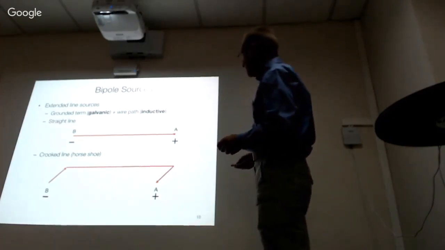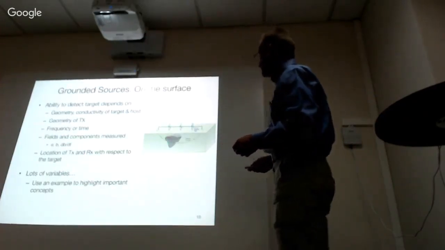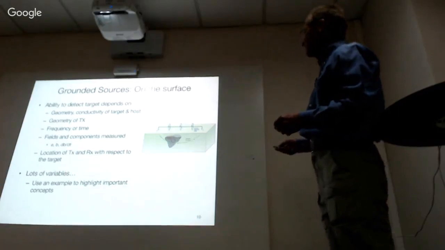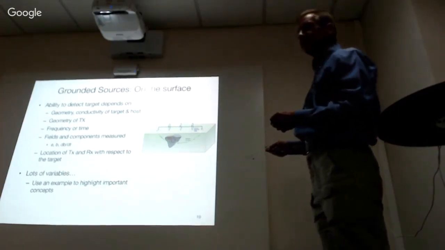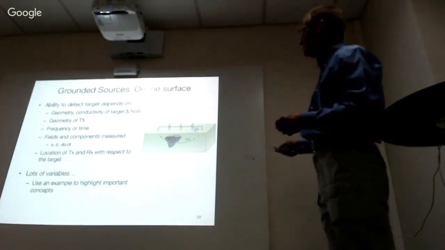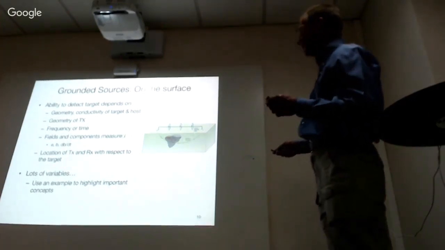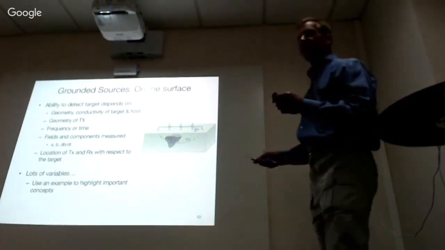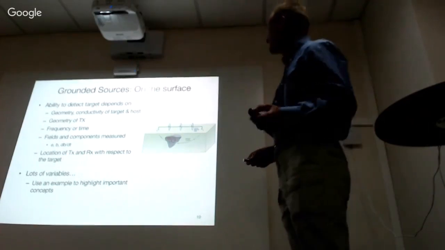The wire could be straight or it could be made out in a horseshoe. And as I say, the problems are extensive. They can be used in a whole bunch of different ways. We can have different frequencies or times and geometries, all the stuff that's usual. But what I want to do is take a simple example and just see if we can work our way through.